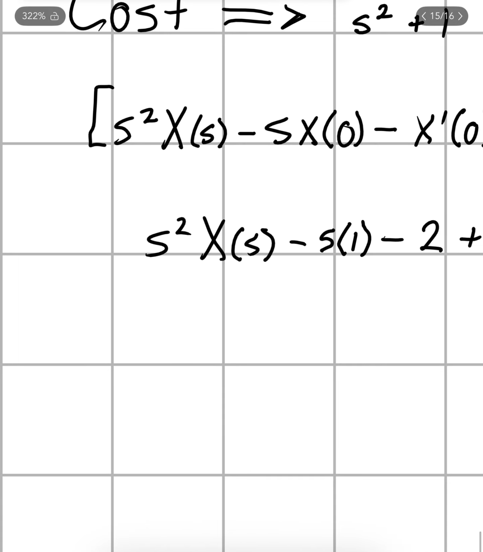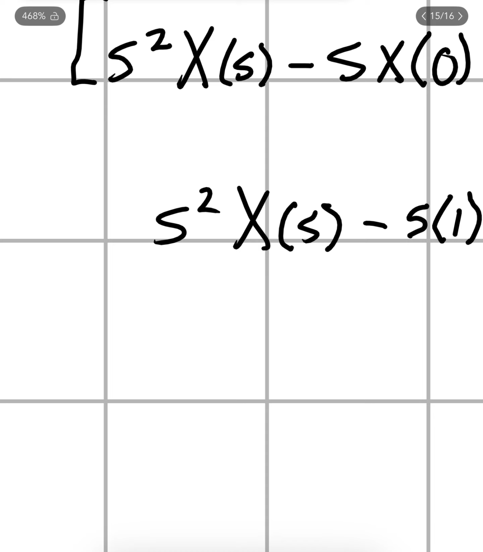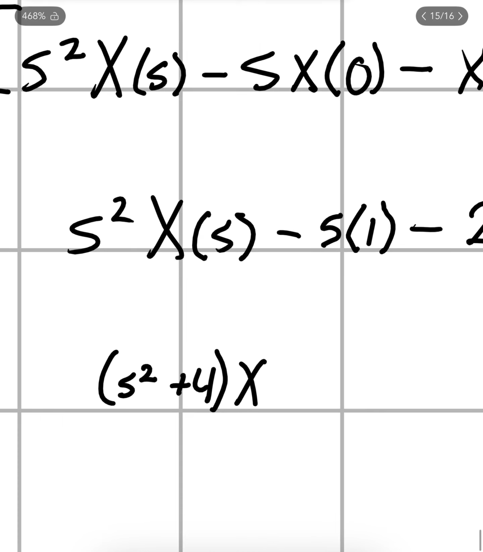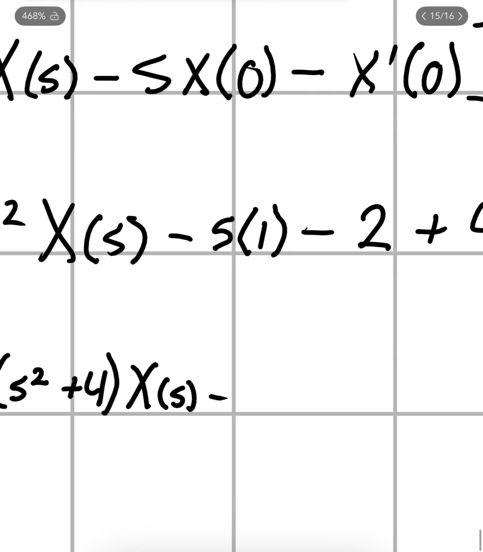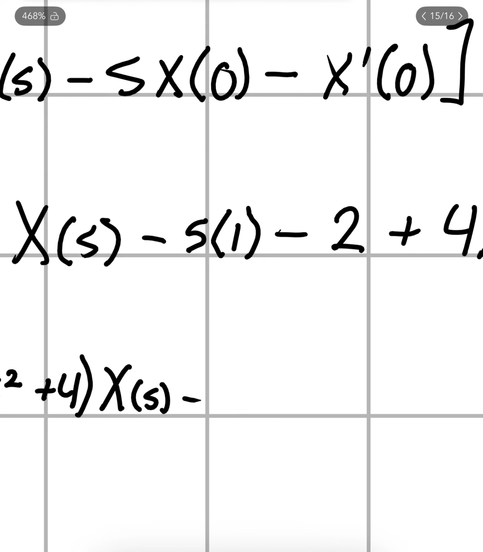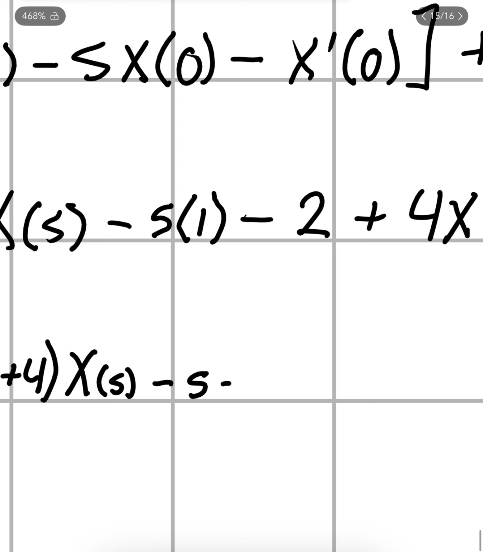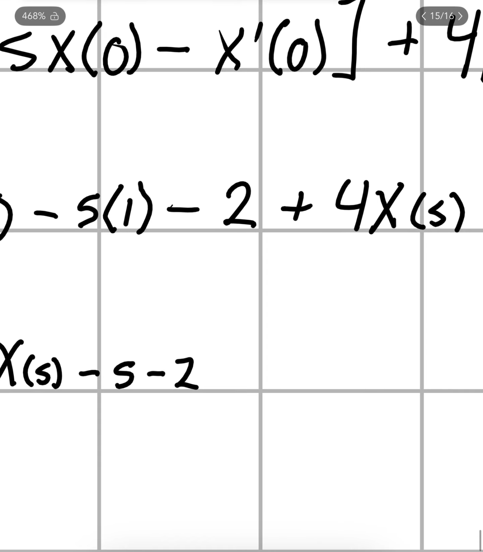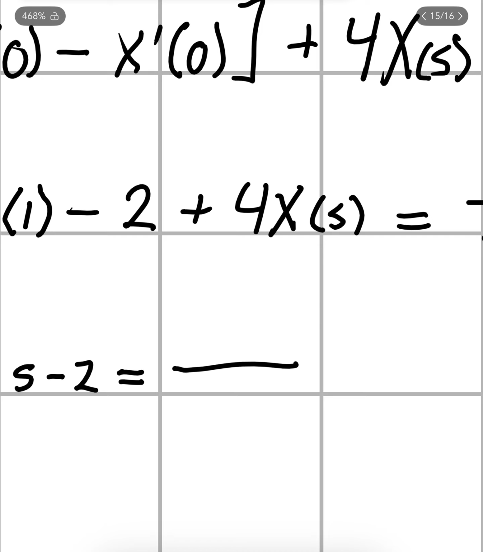So we will do s squared plus 4 times the big X of s minus s, since s times 1 is just s, minus 2 equals s divided by s squared plus 1.